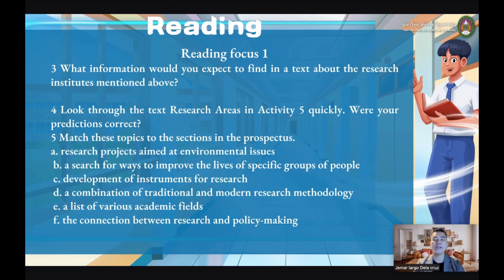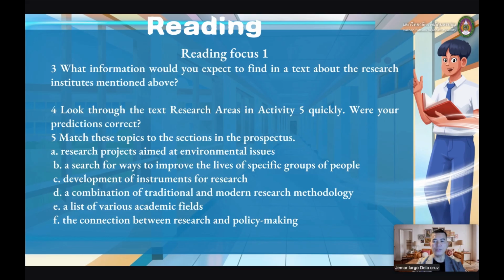What information would you expect to find in a text about the research mentioned above? Look through the text, research areas and activity 5 quickly. Were your predictions correct? Match these topics to the sections in the prospectus. Letter A, research projects aimed at environmental issues.